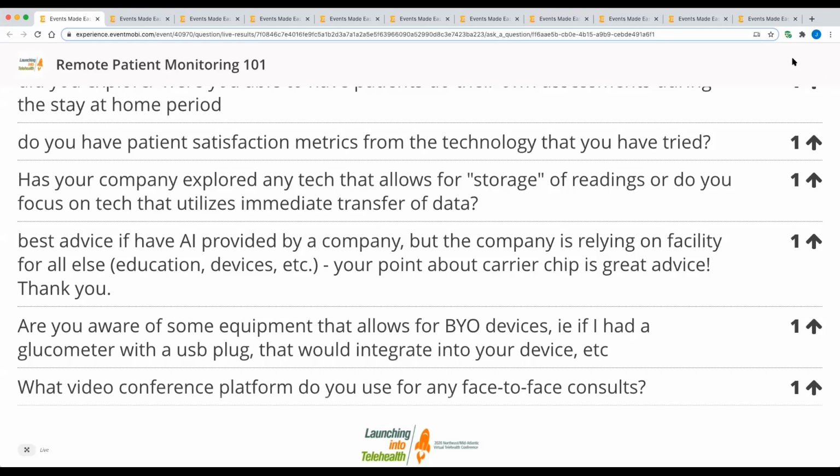Are you aware of some equipment that allows for BYOD? If I had a glucometer with a USB plug that would integrate into your device. Yes, there are companies that do have BYOD. That is becoming kind of a trend in RPM, where the patient has an app on their phone, and then they go and purchase themselves Bluetooth peripherals that can be captured in the app by the device vendor.